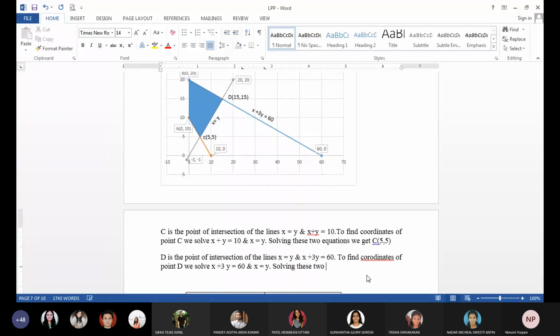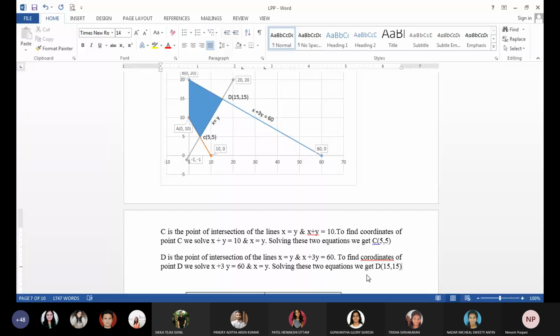Solving these two equations, we get the coordinates of D as 15, 15. You can check. Solving these two equations, you get the coordinates of D as 15, 15.